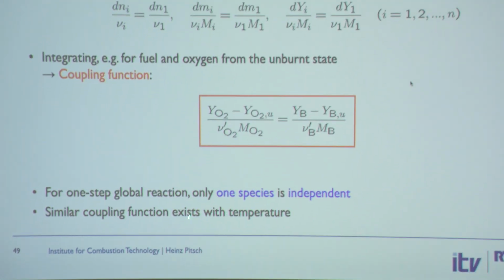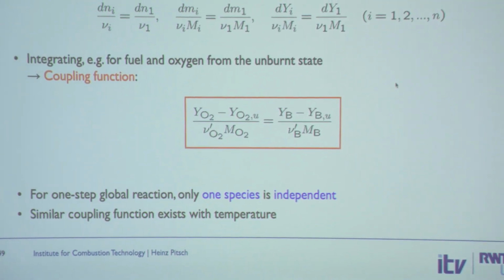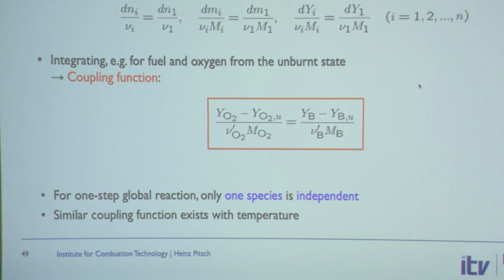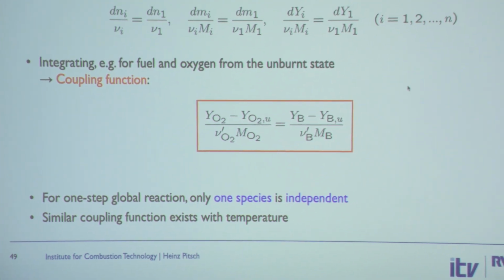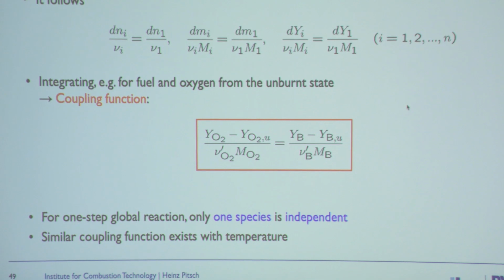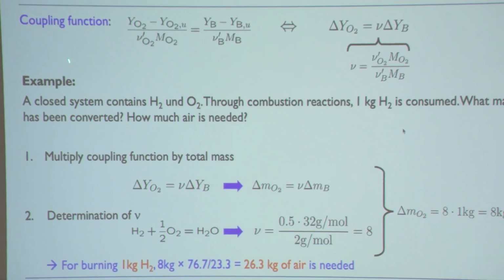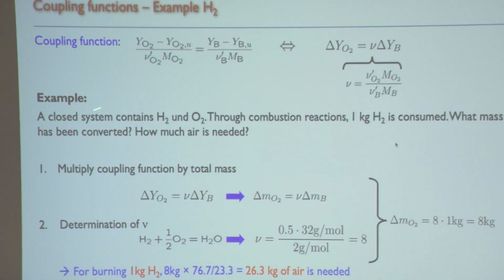You are not going to solve the system. But if you have only one, that makes it much simpler. So that's what we always do. Always use coupling functions to do this. And by the way, there's also a coupling function with the temperature. So temperature can always also be expressed as a function of some species or vice versa.